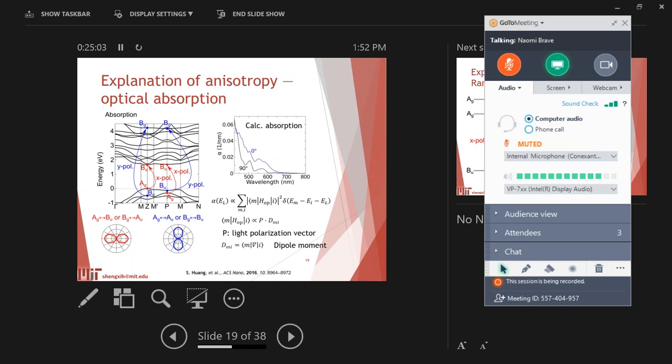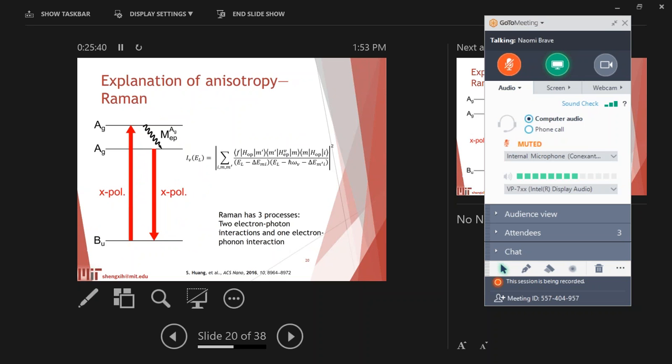So actually, in the visible range, according to our calculation, all the optical absorption should have the case like this, which means the optical absorption is preferable towards 0 degrees or x-axis. And this is the calculation result we have. And that explains why for almost all the flakes we have measured, the larger optical absorption can happen when the incident light is along x-axis.